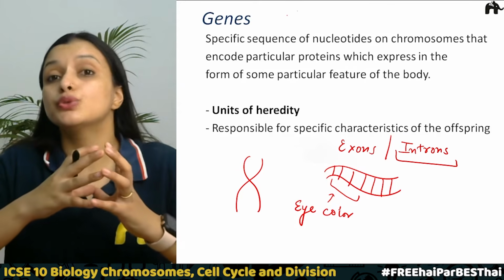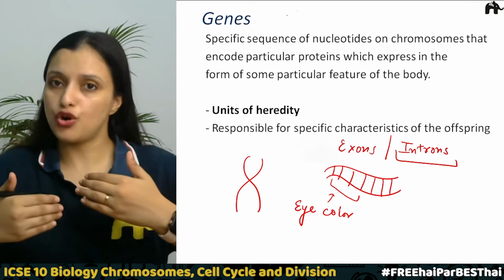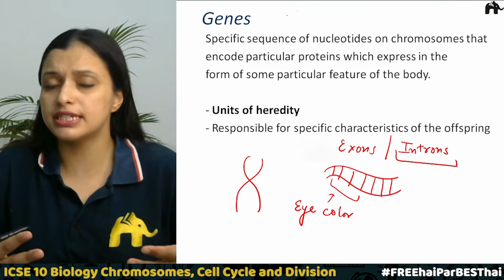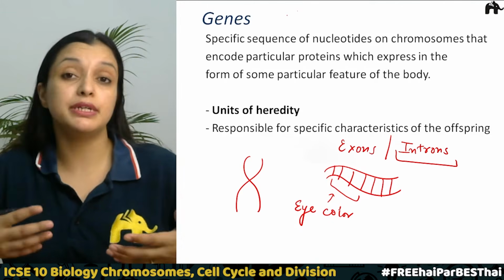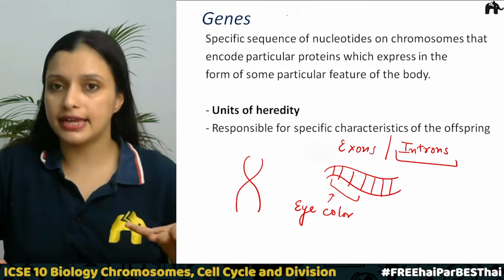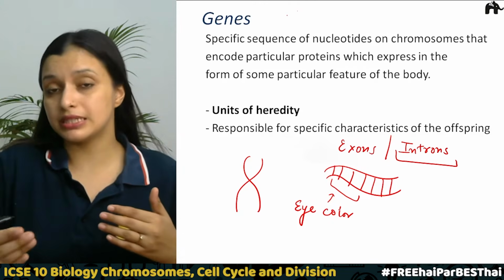Now these are the units of heredity. We have heard that characters pass on from generation to generation. Like from your parents you must have inherited a few characters, like might be your eyes look like your mother's, your hair is like your father's. So where do these things come from?